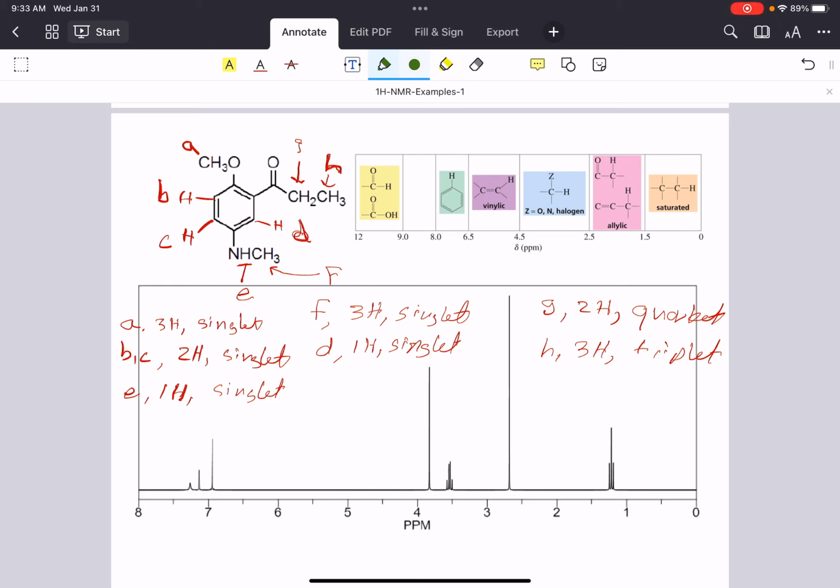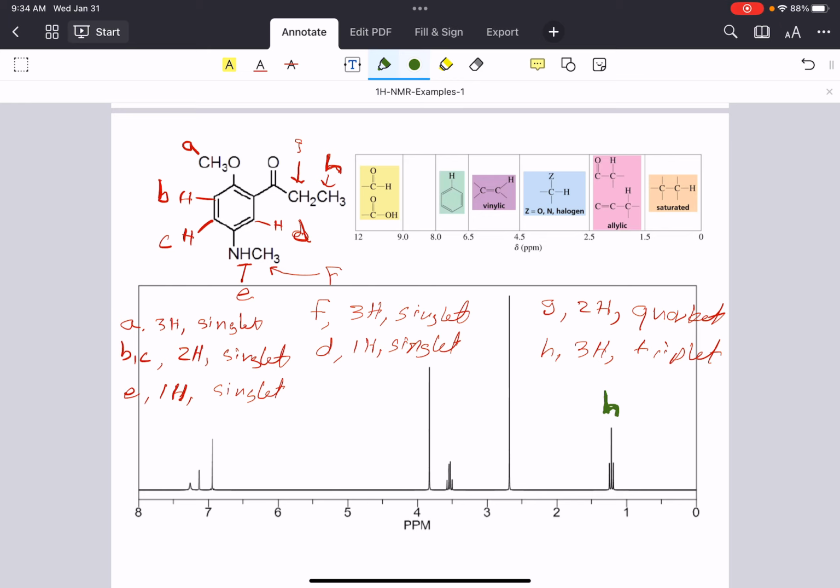So H, 3 hydrogens attached to a CH2 that has 2 hydrogens. I should expect to see H appear as a triplet. The only triplet I have in this system is this one down here at 1. Makes sense that it's at 1 based on the chemical shift that we would expect for a series of hydrogens that are not directly attached to anything electronegative.